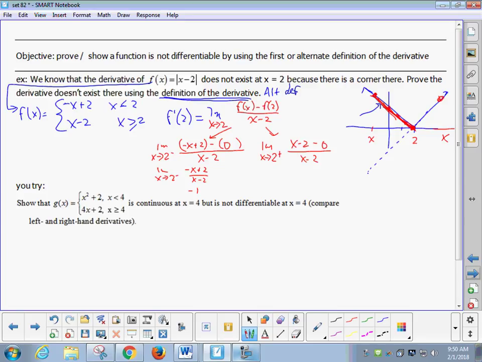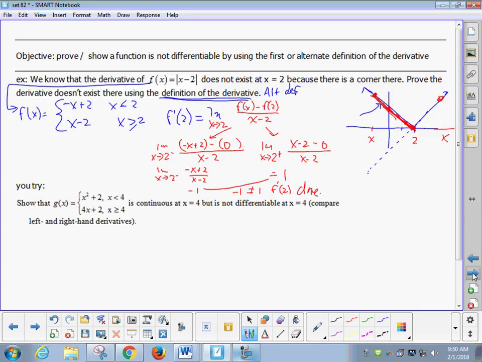Well, that reduces to straight up positive 1. Now, because these are not the same, negative 1 is not equal to positive 1, the limit, which is the derivative, cannot exist. That's why it has to be smooth there, because that's the only way the left-hand, right-hand limits will be the same.